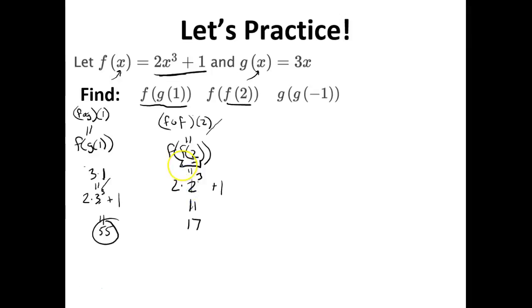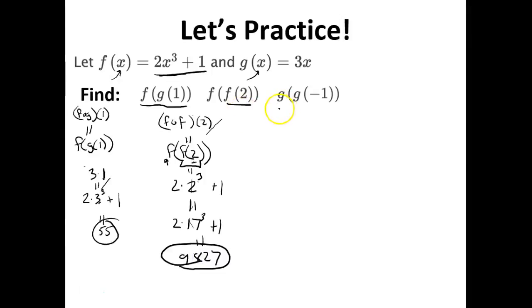Then we take that 17 and put it back into f again, so we cube it, multiply it by 2, add 1, and when we do that, we get 9,827. Now, keep in mind, the numbers have to be fairly nice because we don't want you to spend too much time with arithmetic on the test. But if you had to do 17 cubed, you could do it longhand off to the side.